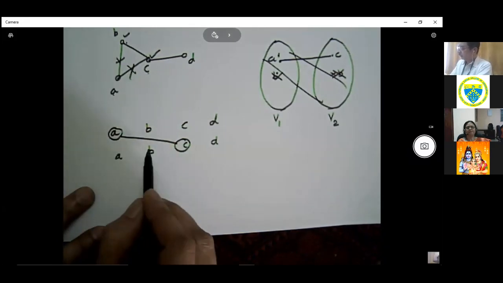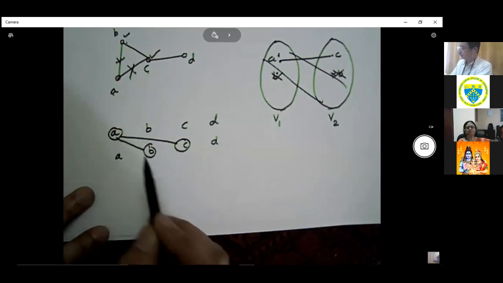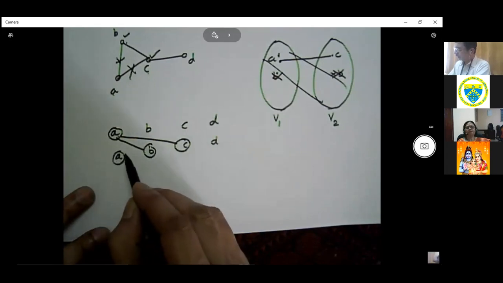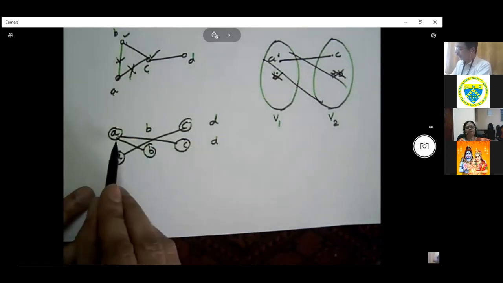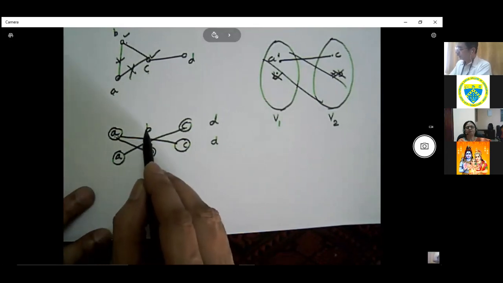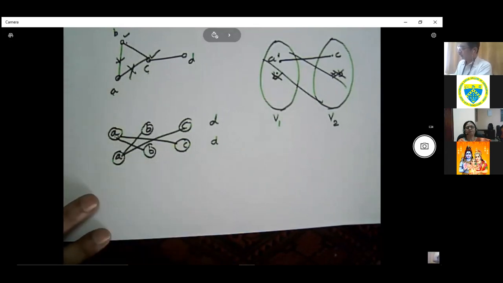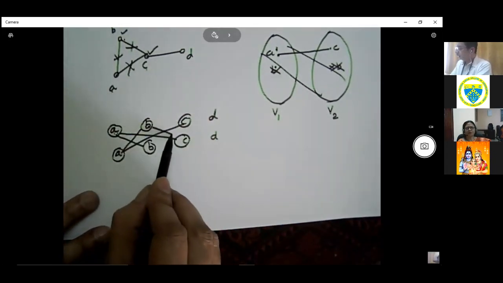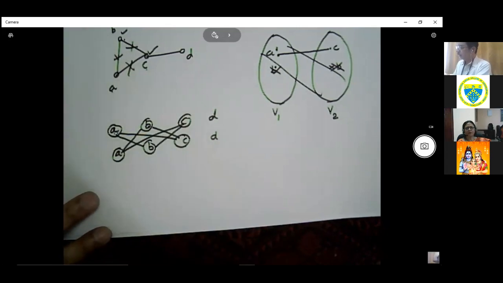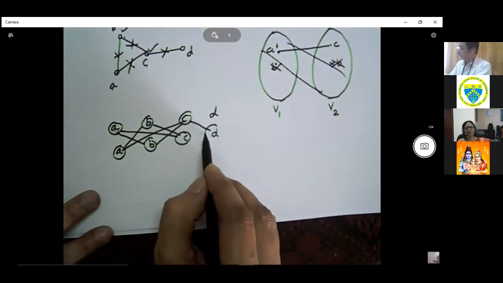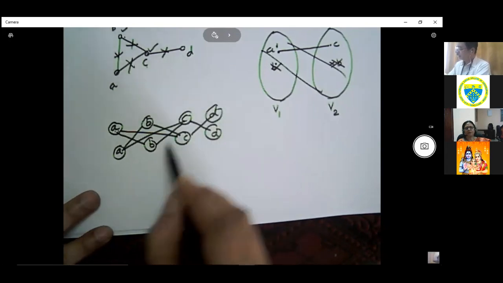Similarly, A to C you have written, so from A to C also write here. A to B is written, so I write B to A also. Next, B to C, here and here. This you have to add. This is C to D, and this C to D. So this is a bipartite graph.